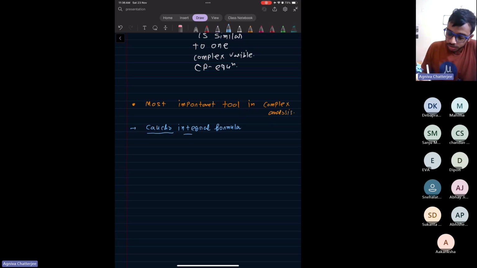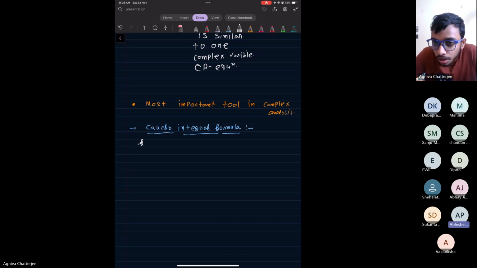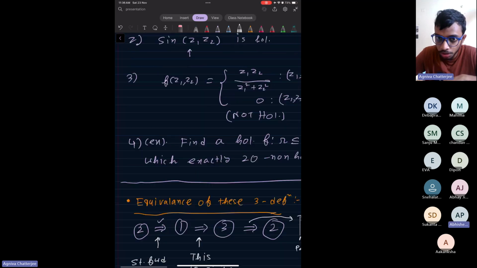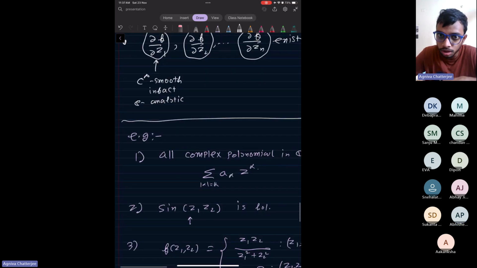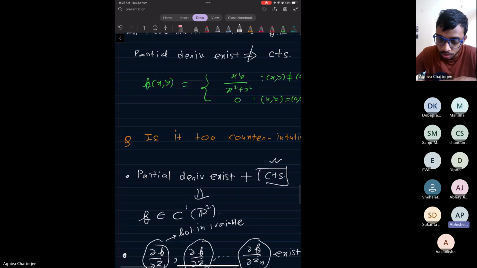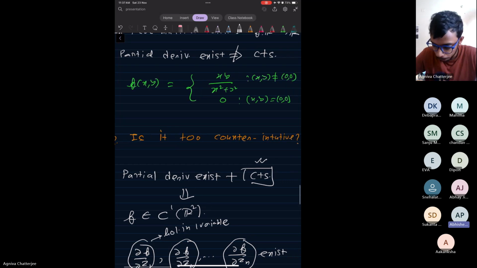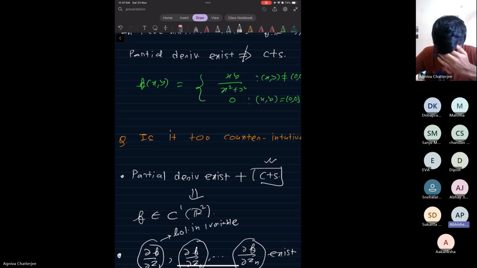So what does the Cauchy integral formula say? Yes, just one question. Is there any characterization for this C-linear map from Cn to C, like we have from C to C, which is of the form alpha times z?